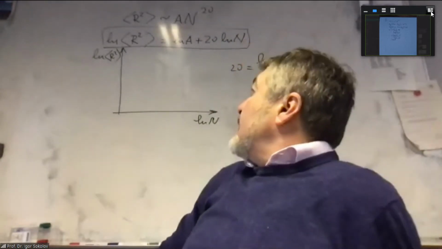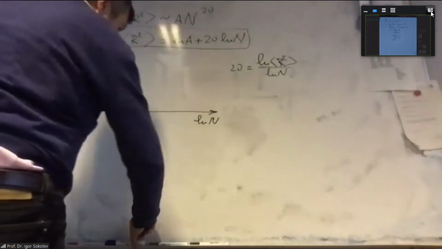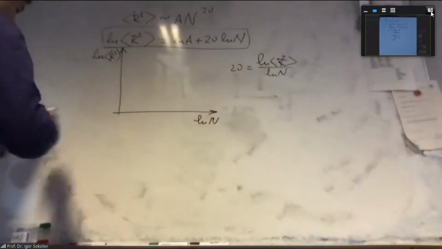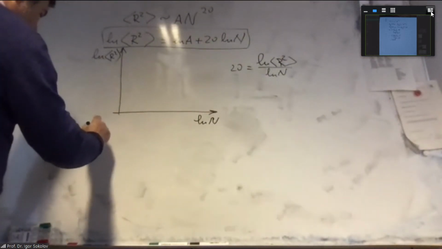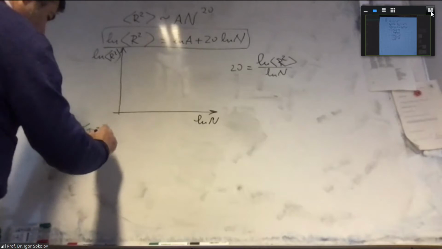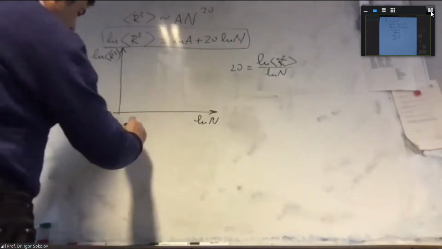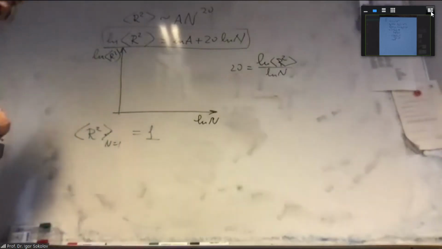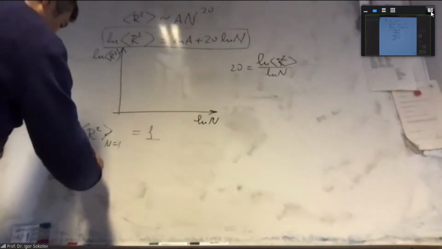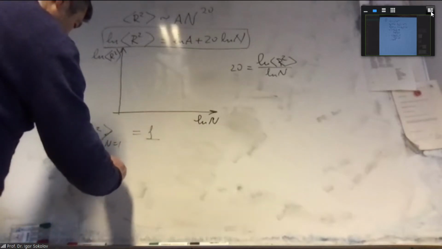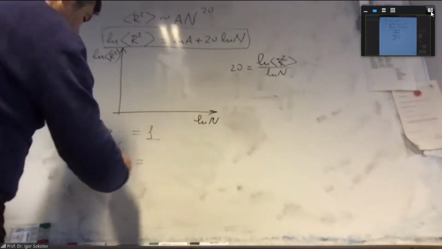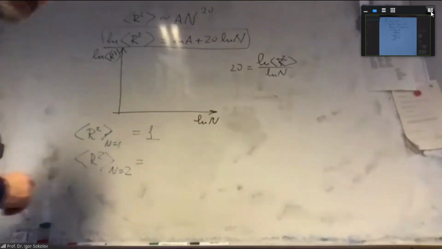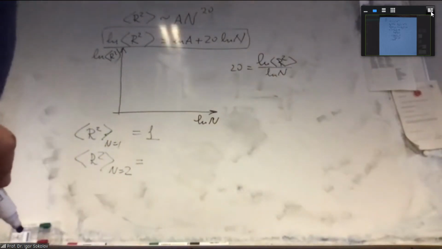I didn't understand. First, have you calculated these guys, the r squared, so let's make here a table. R squared for n equal to 1 is 1. What is r squared for n equal to 2? I got 2.667.